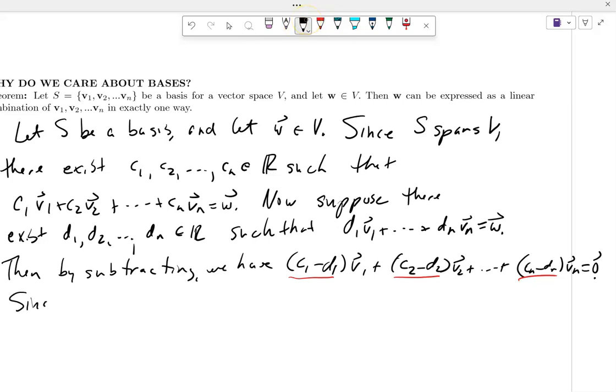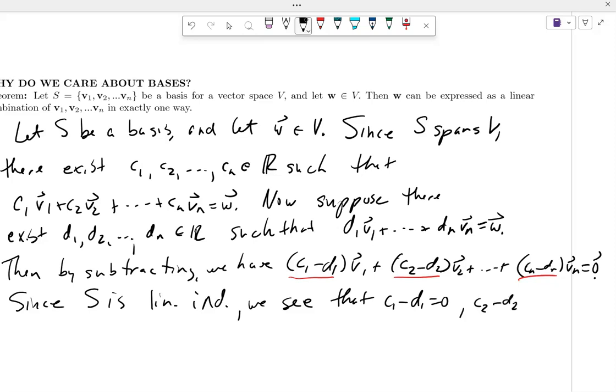So since S is linearly independent, we see that C1 minus D1 equals 0, C2 minus D2 equals 0, all the way out to Cn minus Dn equals 0. Or if we just rewrite this, C1 equals D1, C2 equals D2, out to Cn equals Dn.